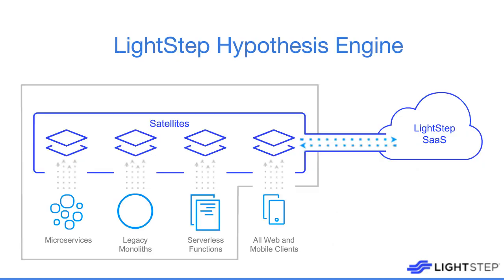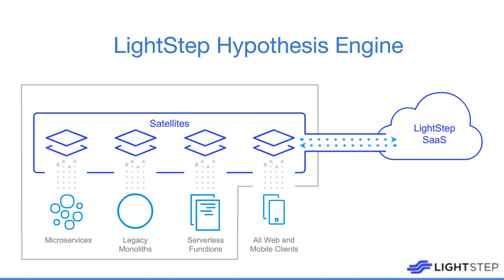So at a high level, what we do is your services, your monoliths, serverless functions, any kind of code you're running, any kind of service you're running is capable of sending telemetry data to what we call satellites. And you run a pool of these satellites, and we also can run the satellites, but you send that data into them.